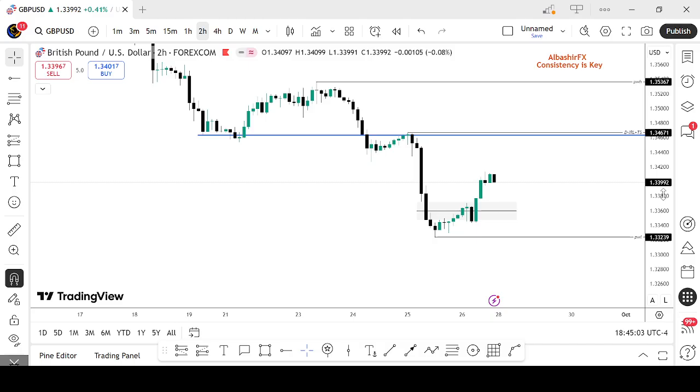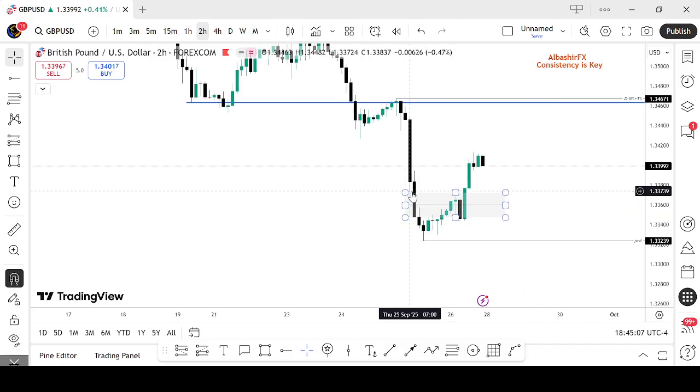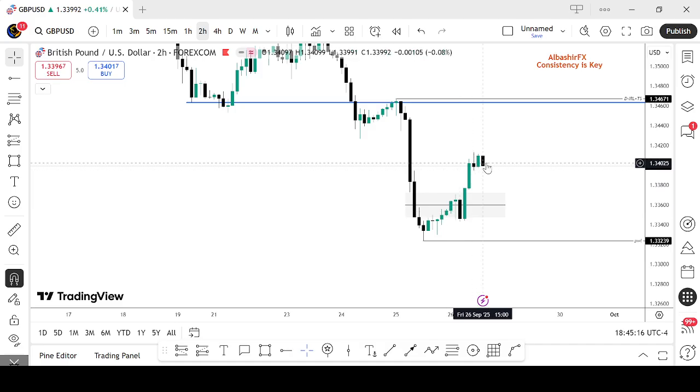Now if you come here on the 2 hour time frame, we see this is our 4 hourly inversion fair value gap, but this is also a 2 hour order block. So we can anticipate price to come all the way to this level. Let me just put this on the chart.